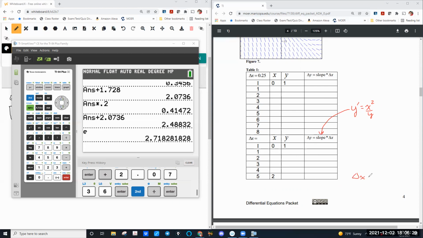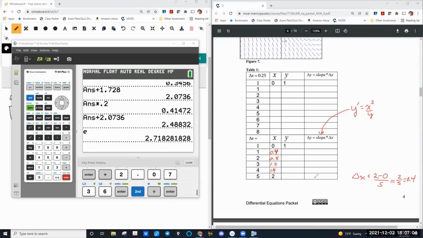So our delta x is 2 minus 0 over 5, or 2/5, or 0.4. Right off the bat, we can fill in this column: 0.4, 0.8, 1.2, and so on.